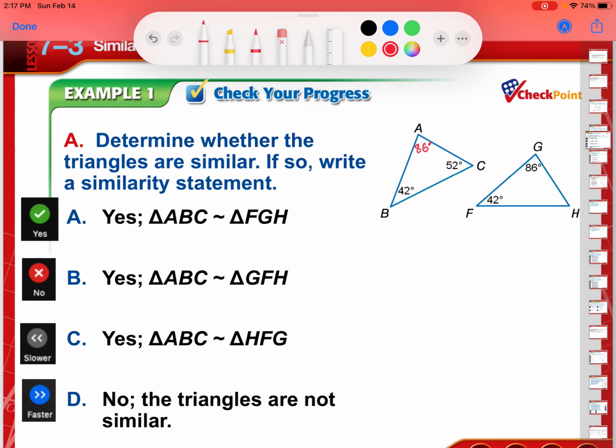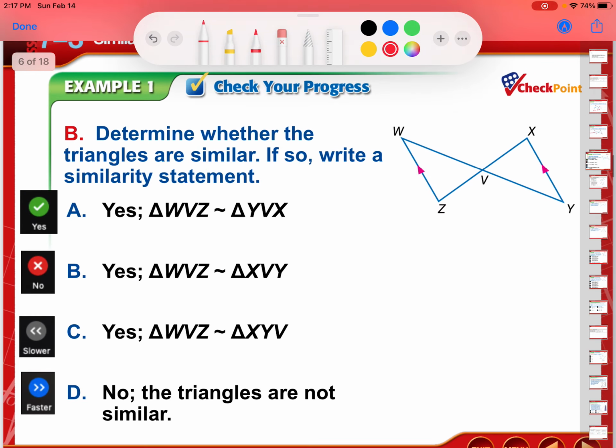So now the tricky part is we have to get these in the correct order, so I'm going from the 86 to 42 to 52. And I have to do that same thing for this other triangle. So ABC is going to be congruent to GFH. So that would be B.